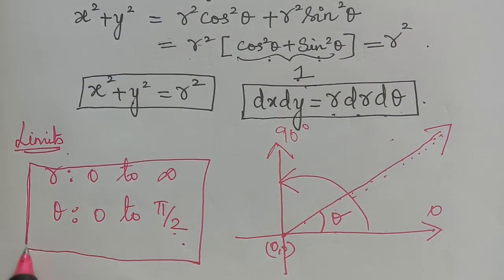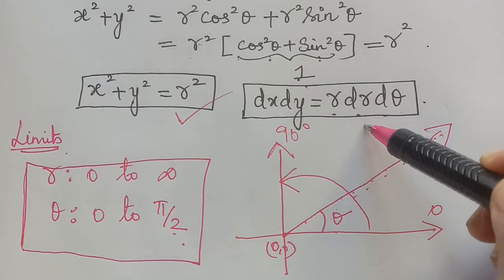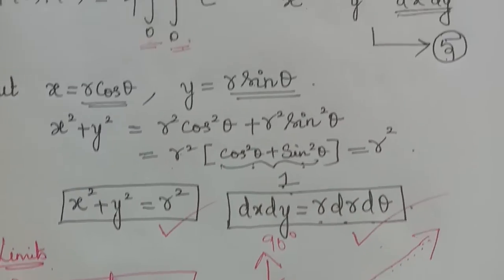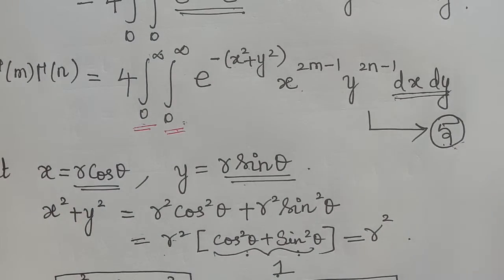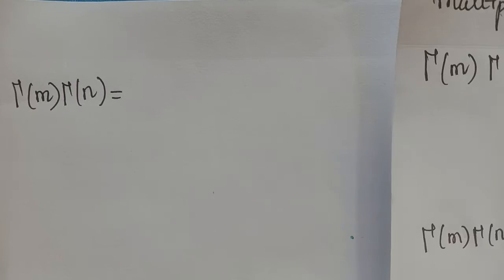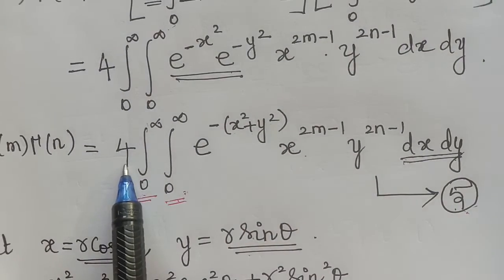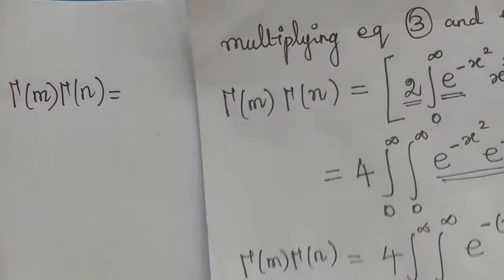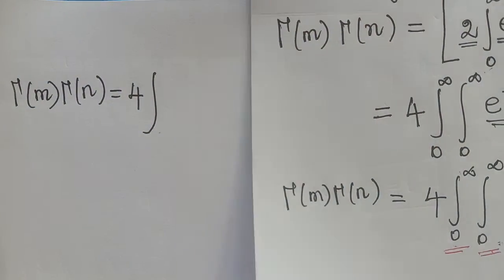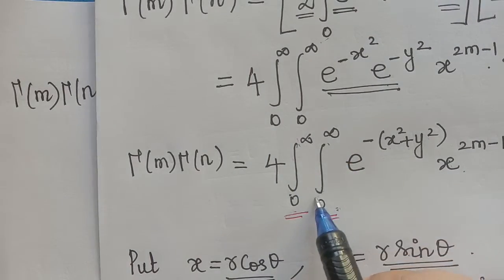Now using all this, that is x squared plus y squared equal to r squared, dx dy equal to r dr d theta, and the limits, we will make a substitution for this integral and rewrite it. Let us do that now. So let us substitute all this in equation 5. In equation 5, first we have 4. So let us write that 4 over here. So 4 integral, the first integral is for r and this integral is for theta.